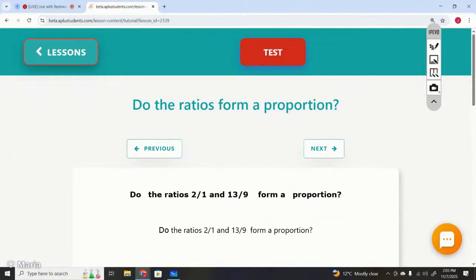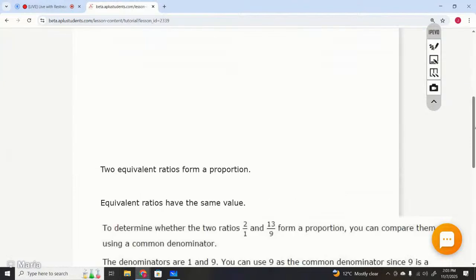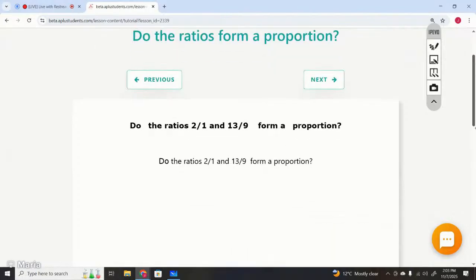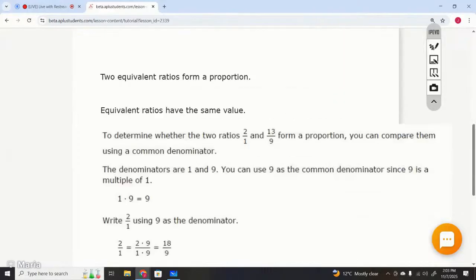Do the ratios form a proportion? Do the ratios 2 by 1 and 13 by 9 form a proportion? That means if the ratios are equivalent, they form a proportion, right?